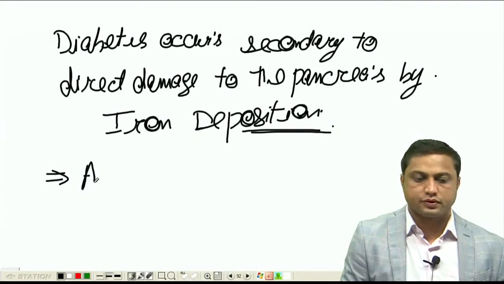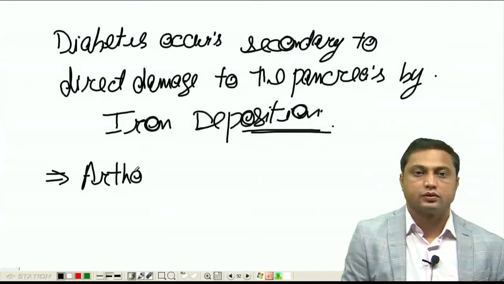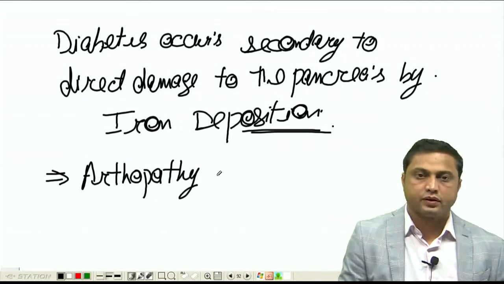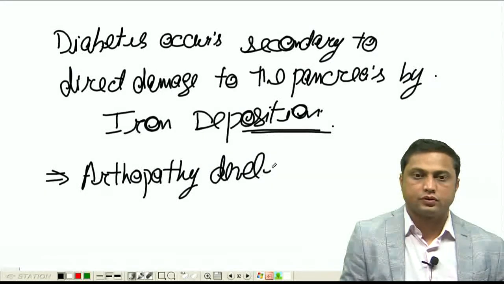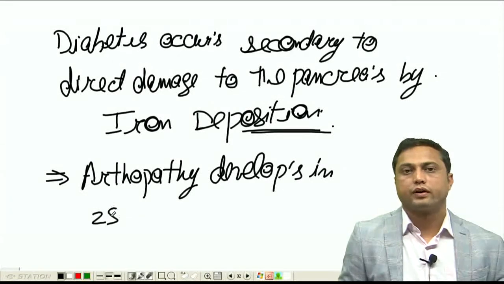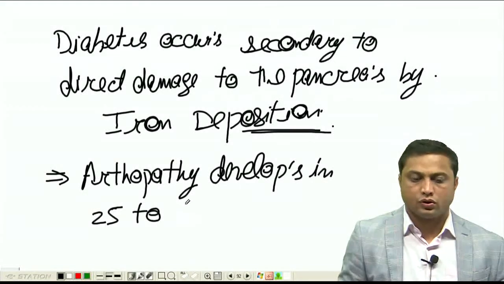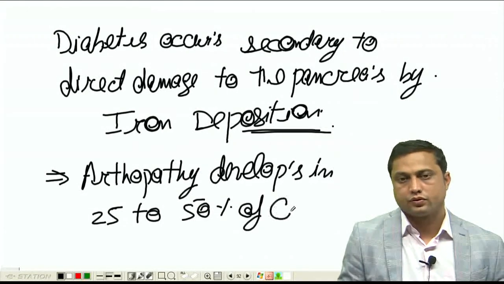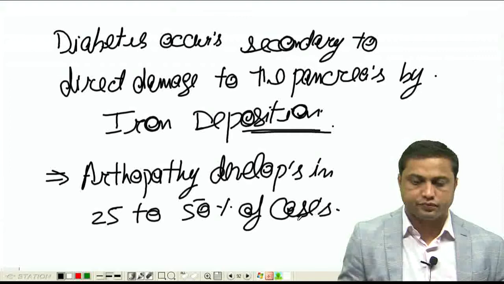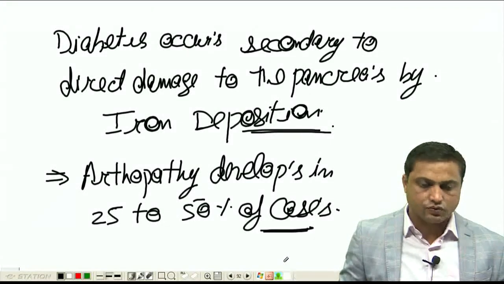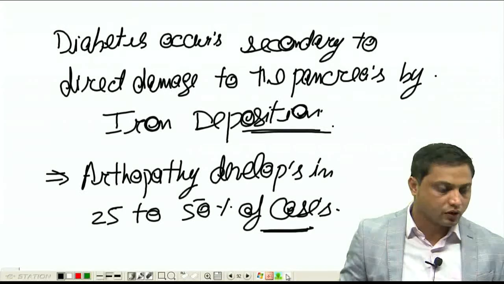Enteropathy also develops, and arthropathy develops in 25 to 50% of cases.